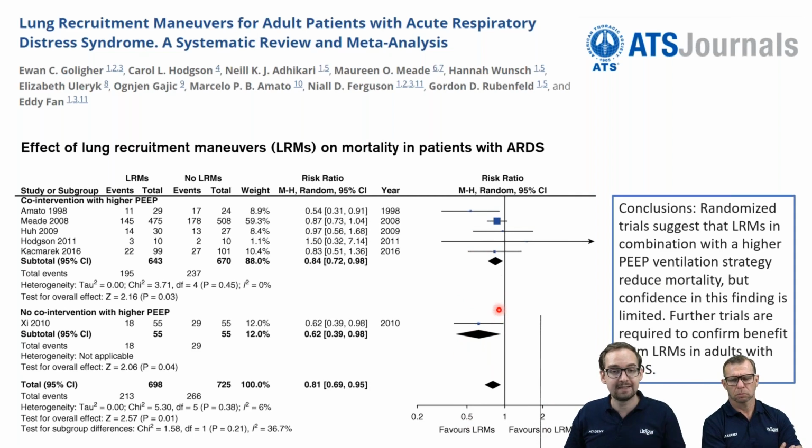However, and I think now we're slowly getting to the but, we can see that there seems to be a signal towards lower mortality, but the confidence in this finding is actually limited. And further trials are still required. So this was the status that we had in 2017.